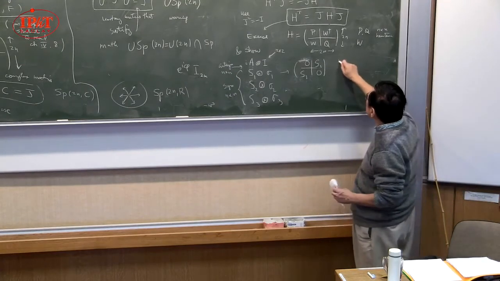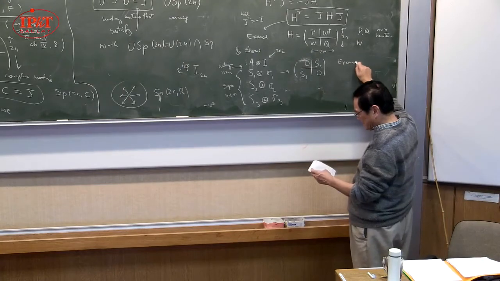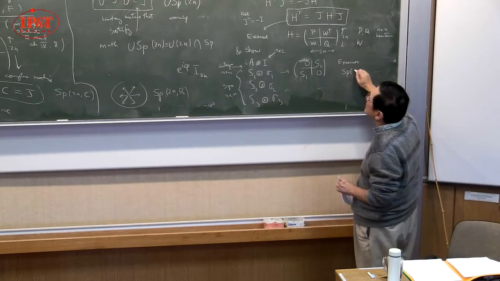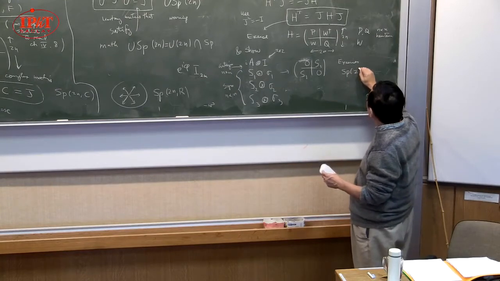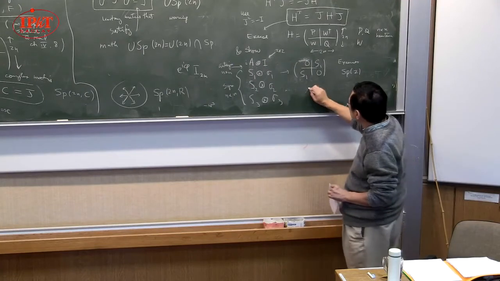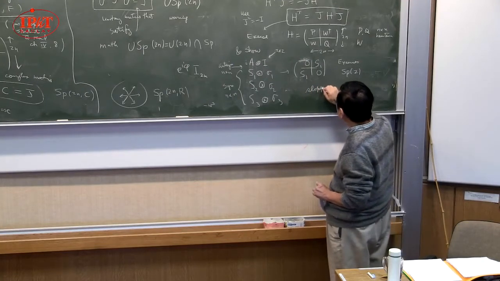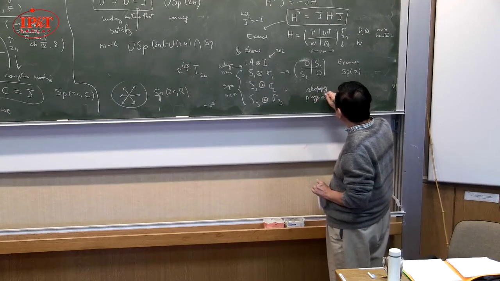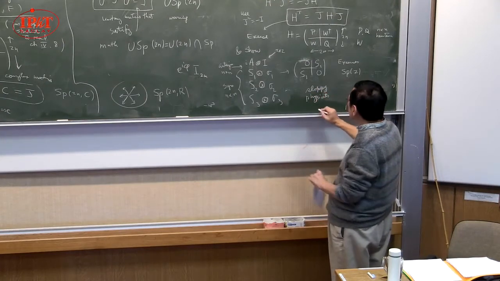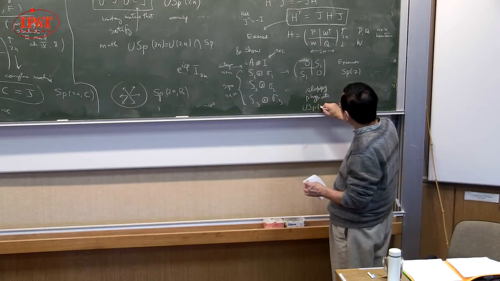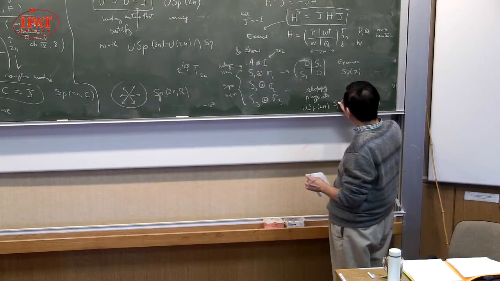Now here are more exercises, with some sloppy physicists' notation. Instead of USP2n, they often just write SP2n.